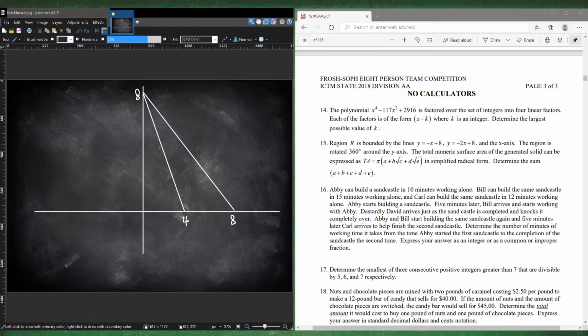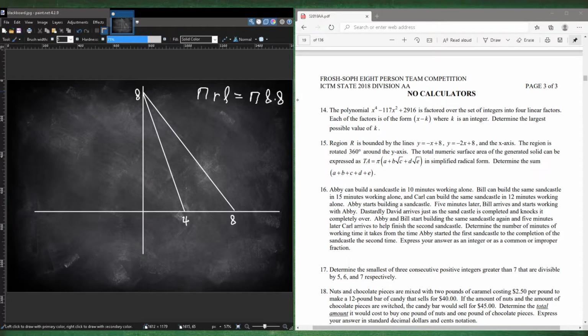So what we're going to do is just follow the formula, which is pi times radius times slant height for lateral surface area. For the bigger cone, we have pi, the radius is 8 because the x-intercept is 8, and the slant height is the square root of 8 squared plus 8 squared, which is 8 root 2, because that's just a 45-45-90 isosceles triangle.